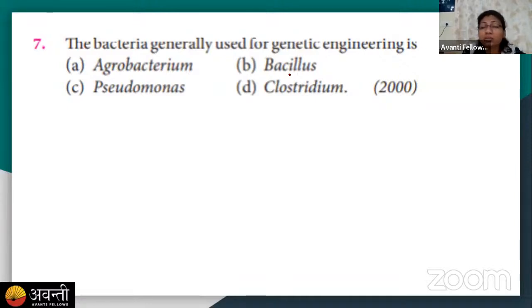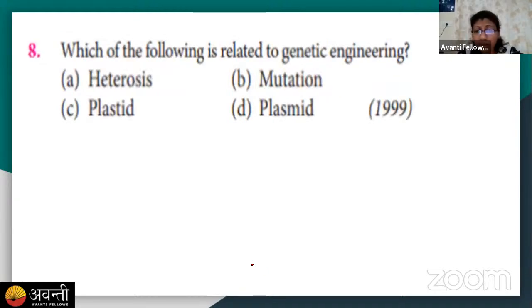We are not using Bacillus for this. We are using the Bacillus genus just to introduce the toxic gene. The example is Bacillus thuringiensis, from which we were making Bt cotton. So the correct answer for this question is Agrobacterium.